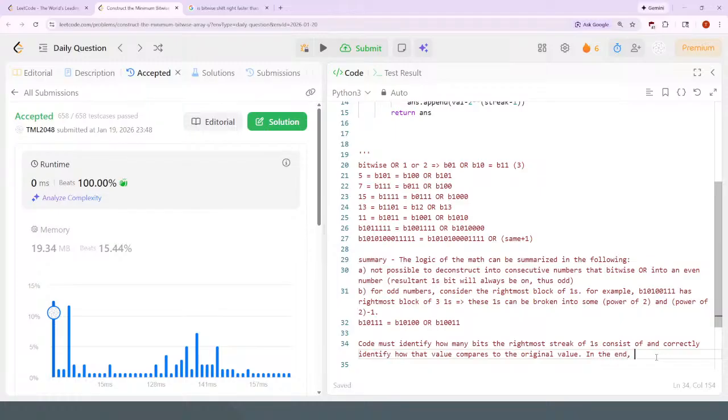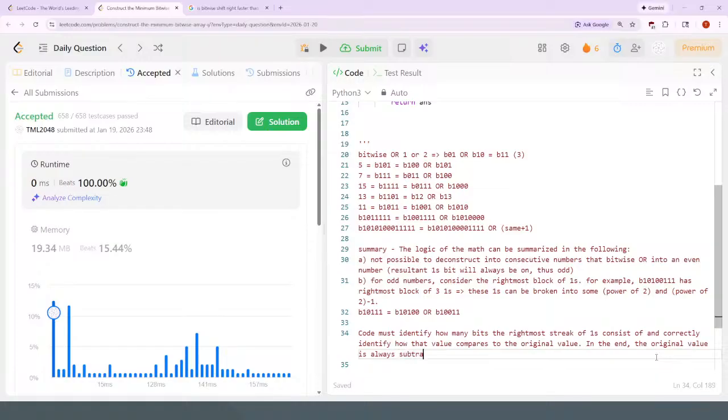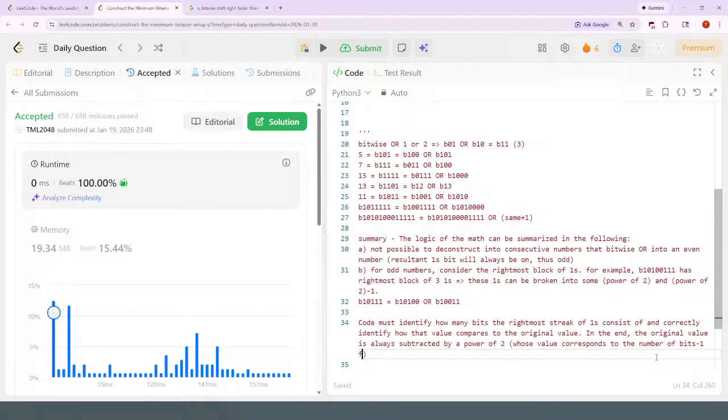In the end, the original value is always subtracted by a power of 2 whose value corresponds to the number of bits, or number of bits minus 1, of the streak of rightmost ones.